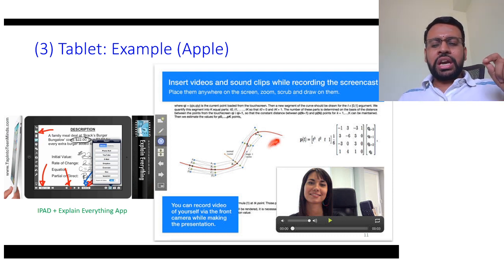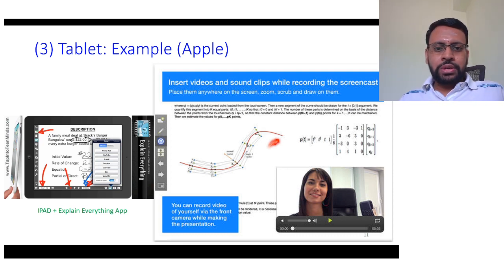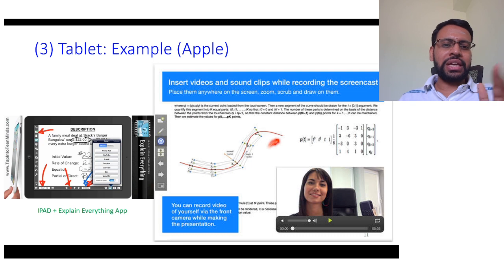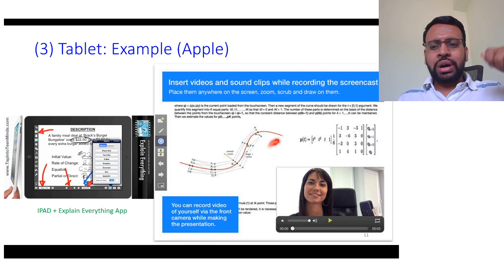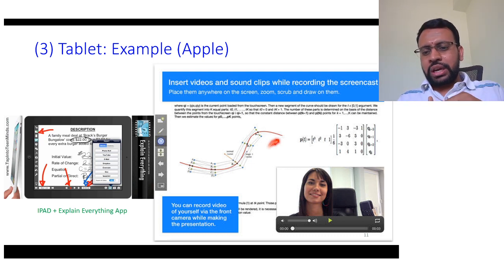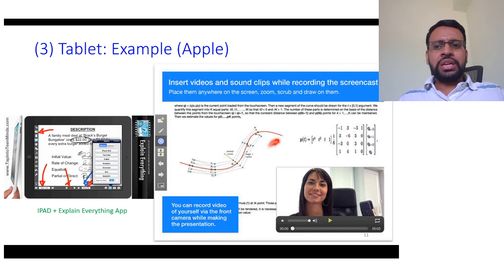Here they come up with their own apps which could help you to record things. For example, I haven't myself used an iPad; this is something I gathered over the net. It looks like it has an app called Explain Everything, which costs around $3 or so. With that it gives you all the features of a pen and other tools to write and draw.